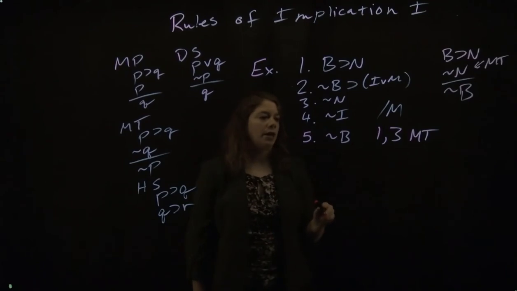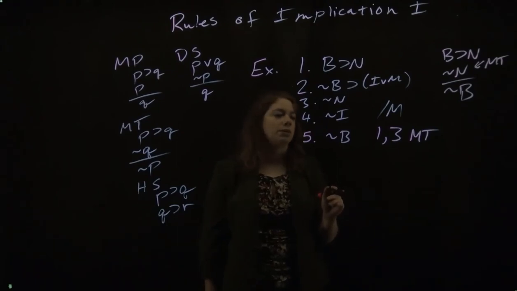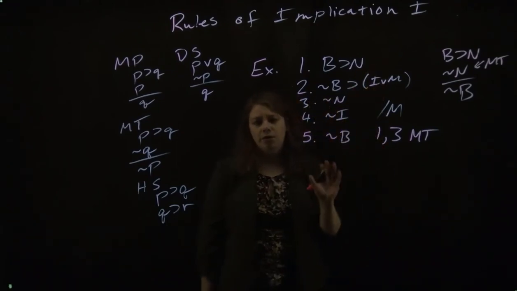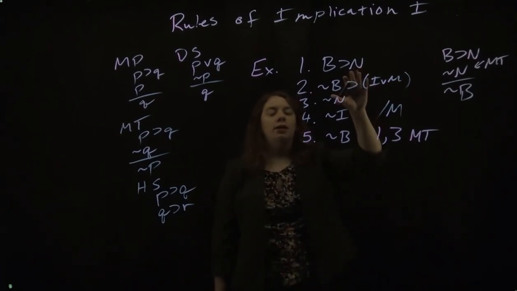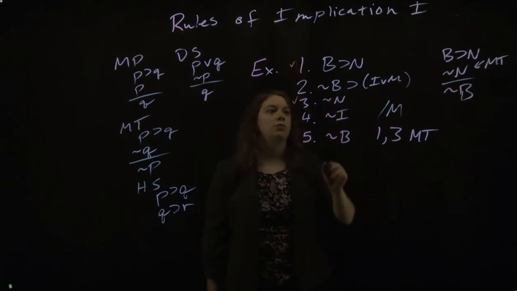But you're showing that you can derive not B from lines 1 and 3 using the rule modus tollens. For the most part, you're pretty much done. There are exceptions to this. And if it helps you, you can just check off that you've used these lines.